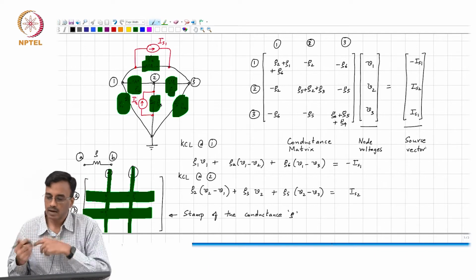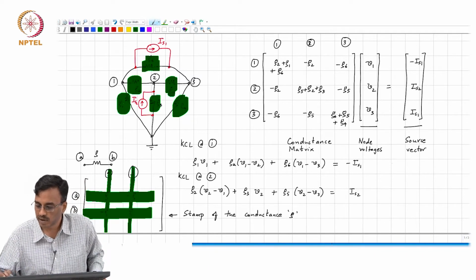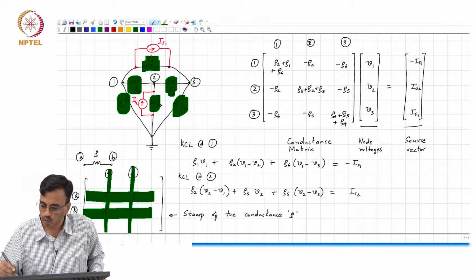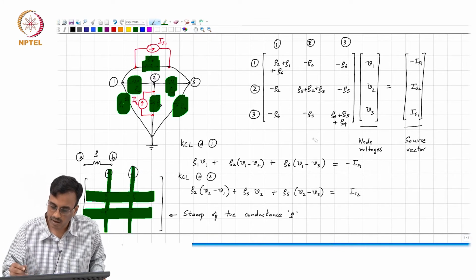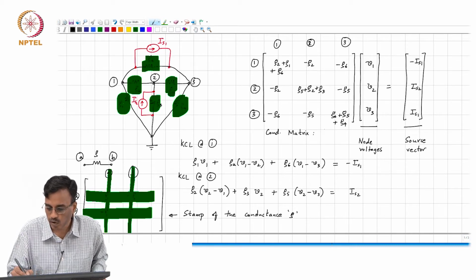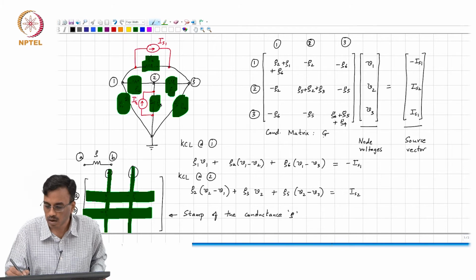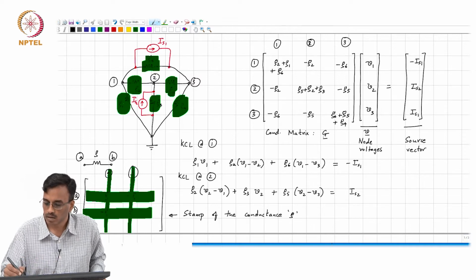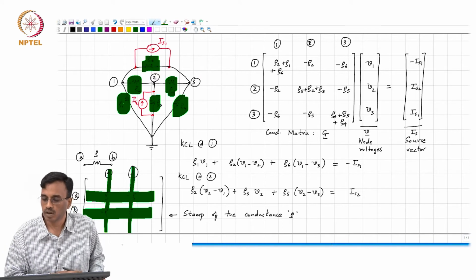Let us call this conductance matrix G, and the node voltage vector V, and let us call this I sub S for the source currents.